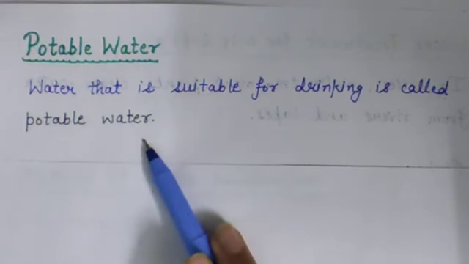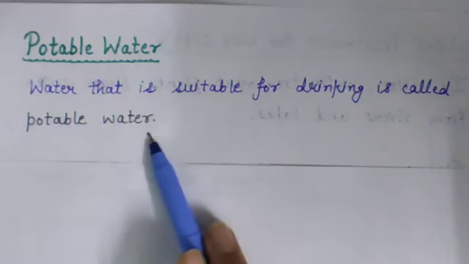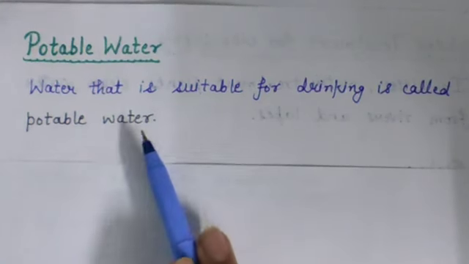And potable water is colorless, odorless, transparent and free from harmful chemicals. So basically the water that is free from impurities is called potable water. Potable water is pure water.